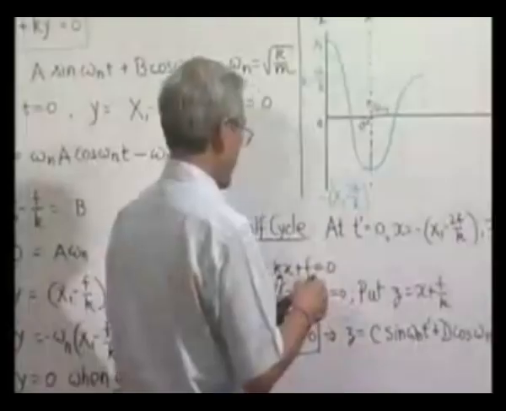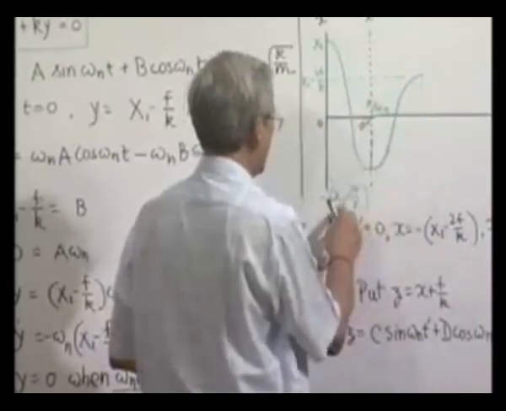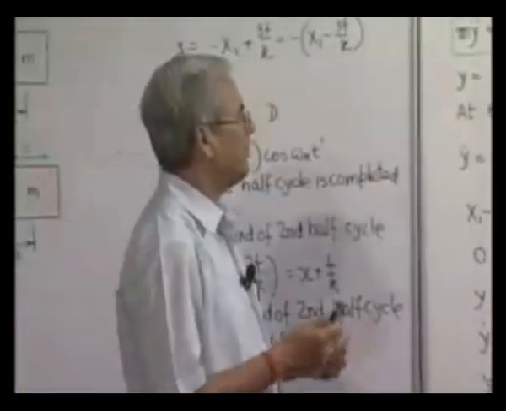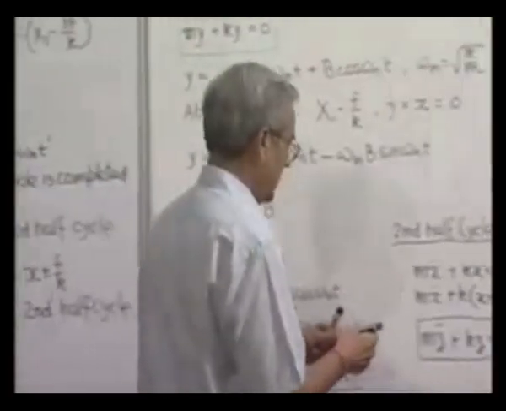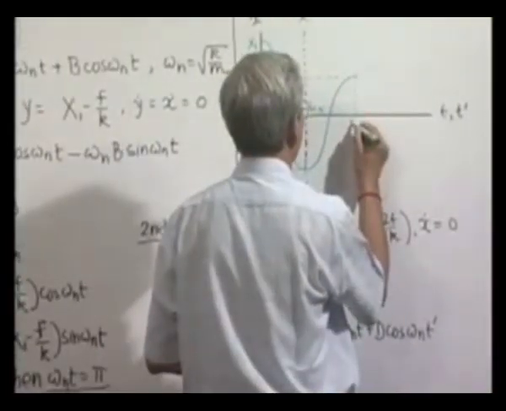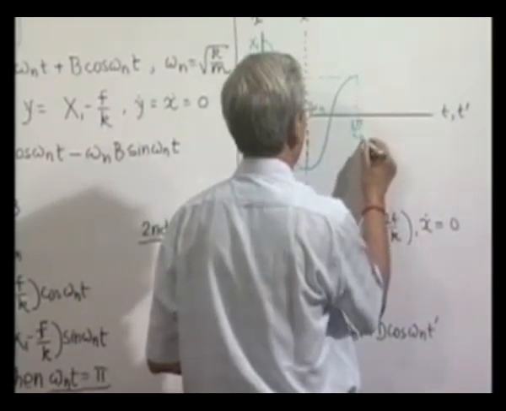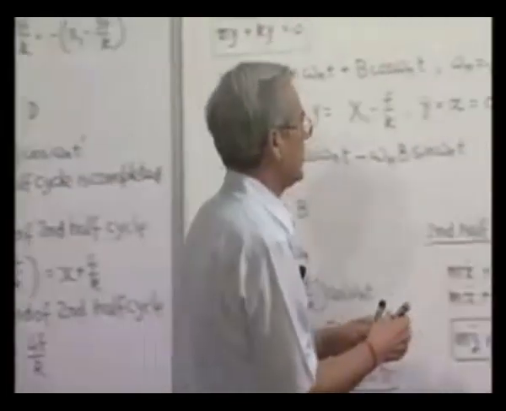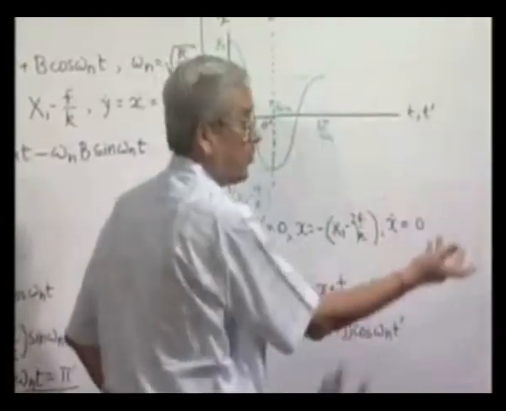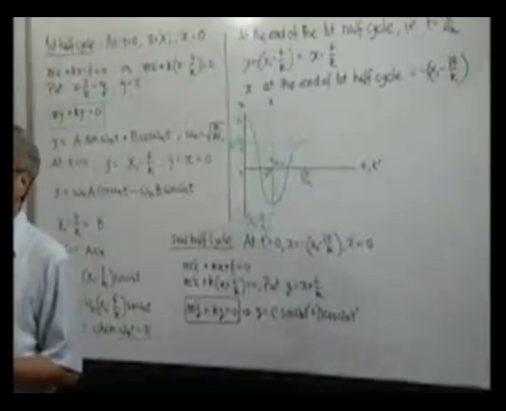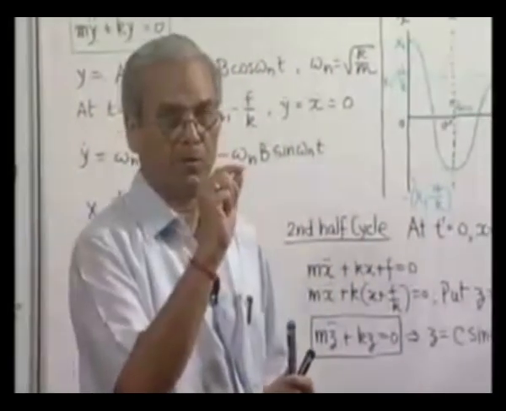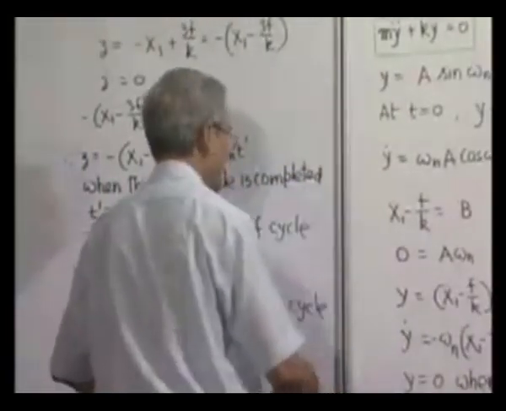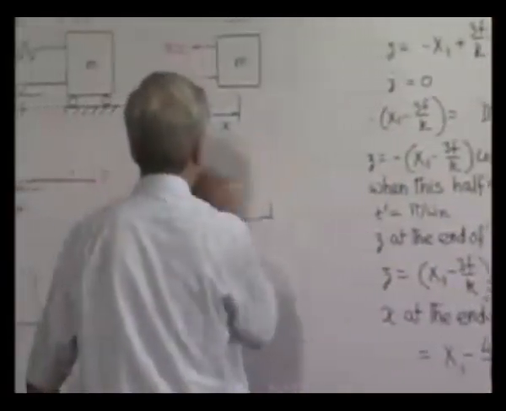So the peak value was x1 minus 2f by k, becomes x1 minus 4f by k. So after every cycle we find that the amplitude decreases by 4f by k. Similarly in the next half cycle also it will decrease by another 4f by k. That means each cycle the amplitude is decreasing by a fixed amount, which is 4f by k. And the displacement diagram of this Coulomb damped system will look like this.